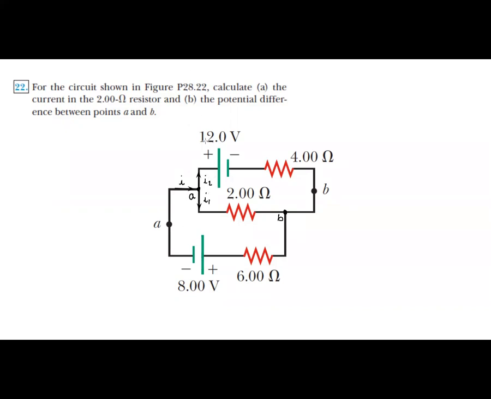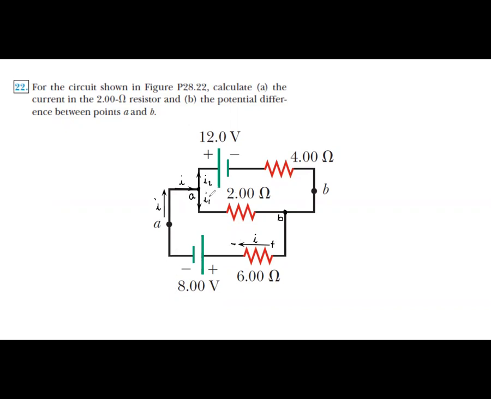We can put the direction of I. Here I is up, and here we have I in this direction. I is coming from the positive to the negative side.